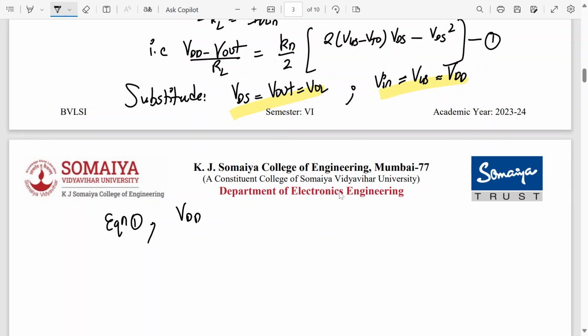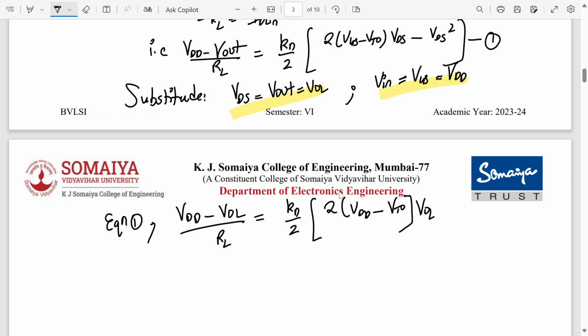So VDD minus V out is actually VOL, so VDD minus VOL upon RL is equal to Kn upon 2 into twice VGS, which is VDD, so VDD minus VTO, into VDS, that is here in this case VOL, into VOL minus VDS square, that is VOL square.